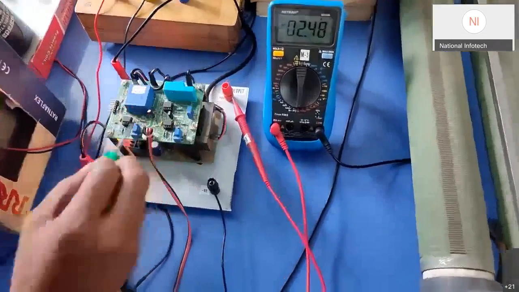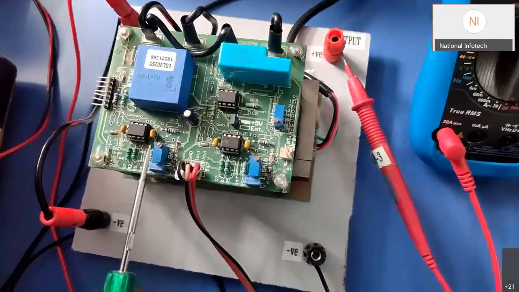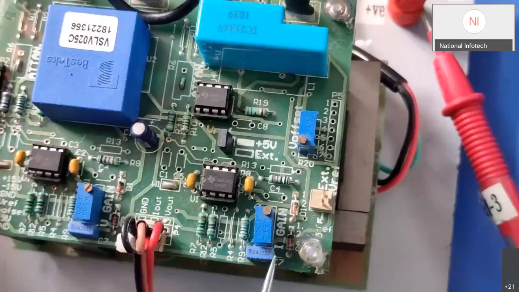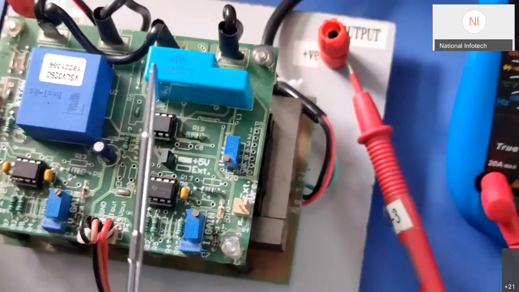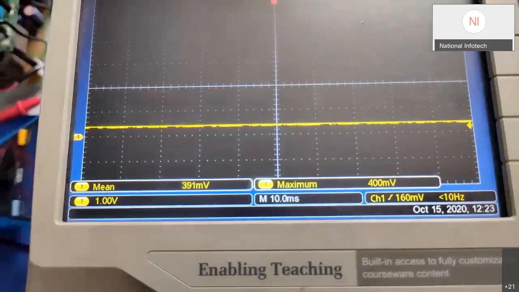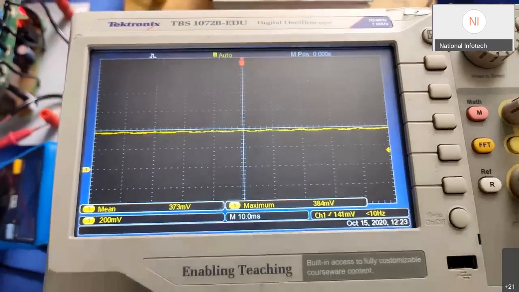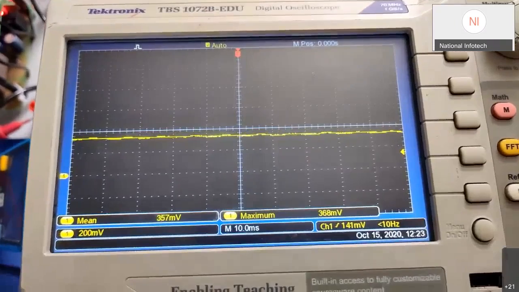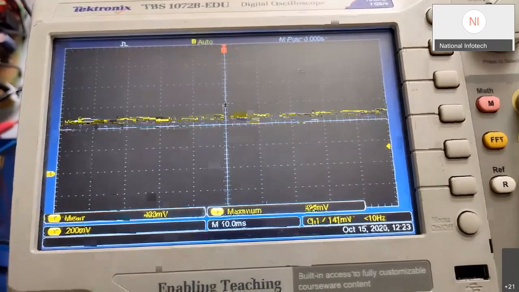And now I'll vary this for the voltage. You can gain port, and for the current, this is the I current gain port. So now I will vary this port, and we will observe on the DSO that it should be 1 volt. You can see that this is 390 millivolt. So now I will set it to 1 volt.